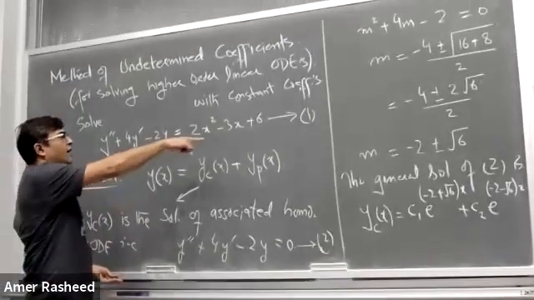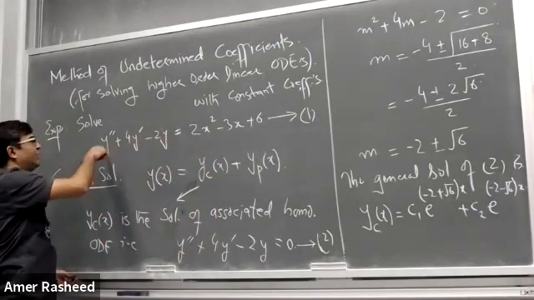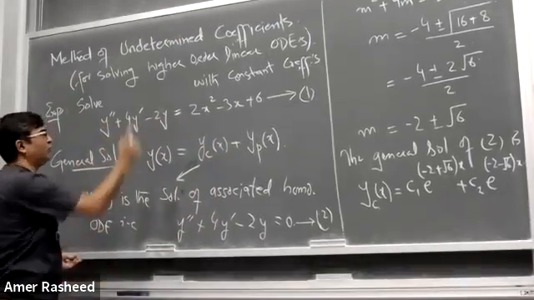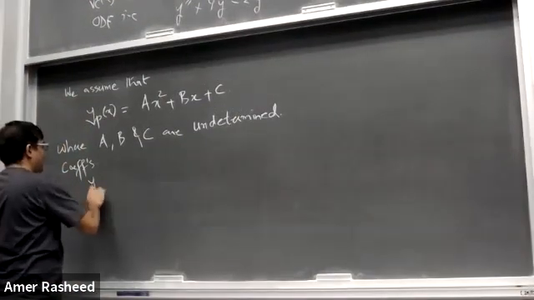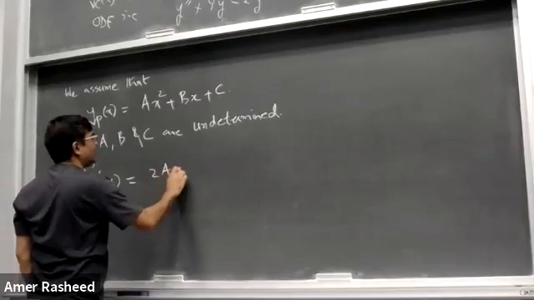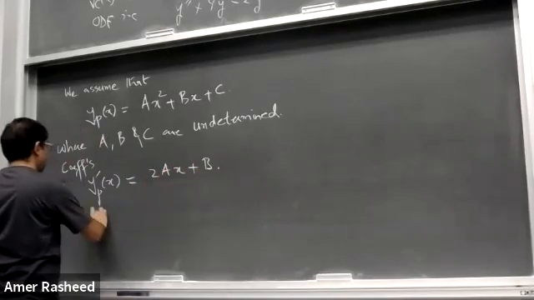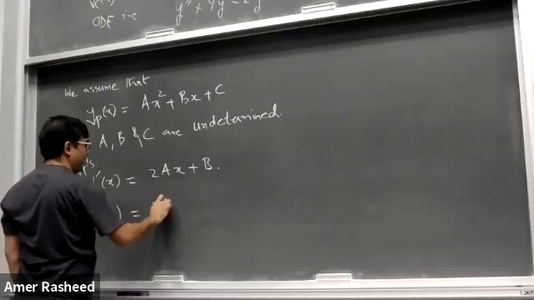In order to put that solution in, we need the first and second derivatives. So yp dash of x is 2a times x plus b, and yp double dash of x is 2a.